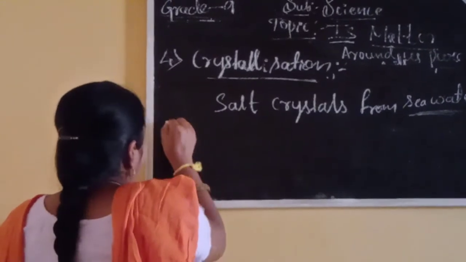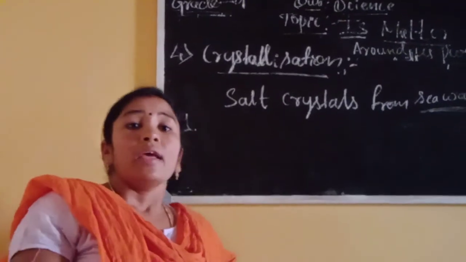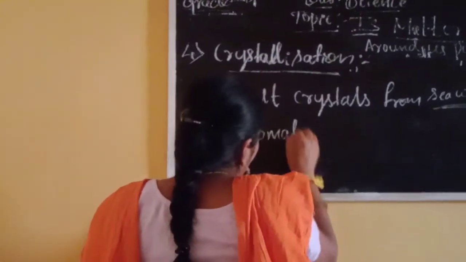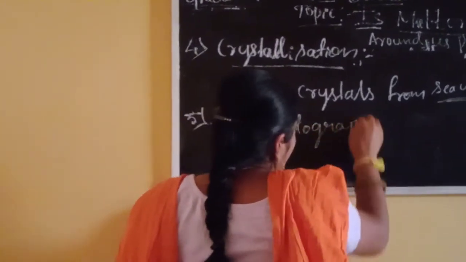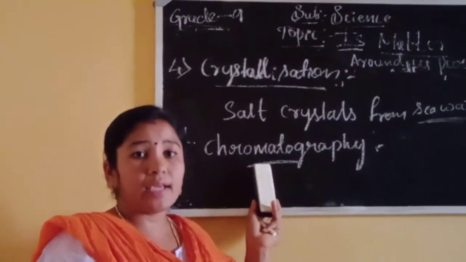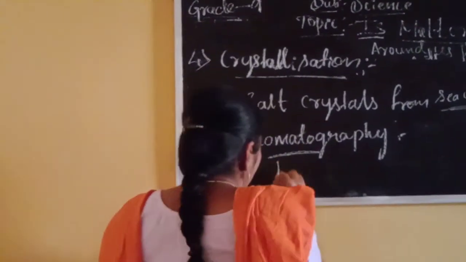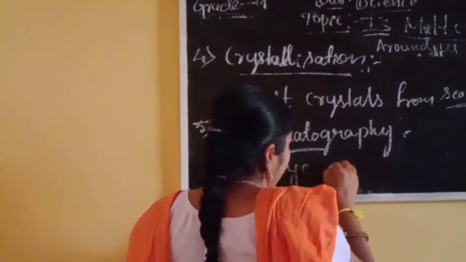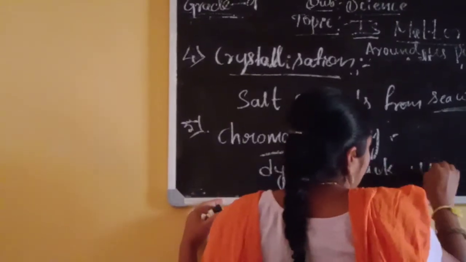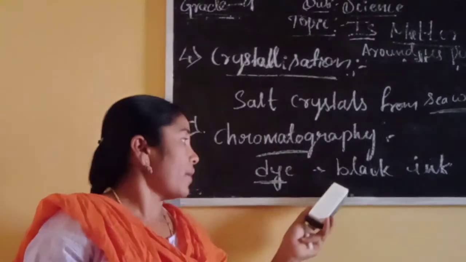Then the next technique is which one? Chromatography. Chromatography is one of the separation techniques. It is used to separate the dye from black ink.